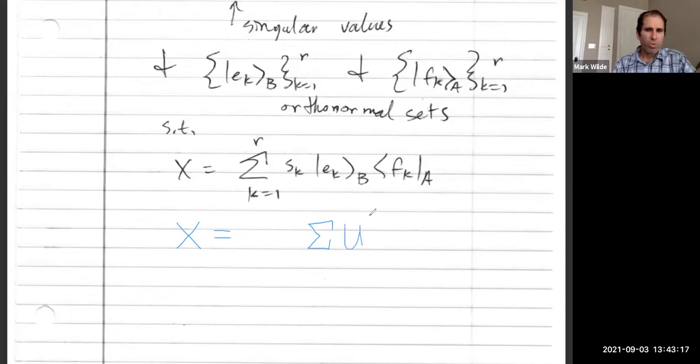U, I guess sometimes we write dagger, and then V. So sigma would be generally a rectangular matrix where the diagonal elements are the singular values. U will be a unitary matrix. So U dagger, you could write like this.